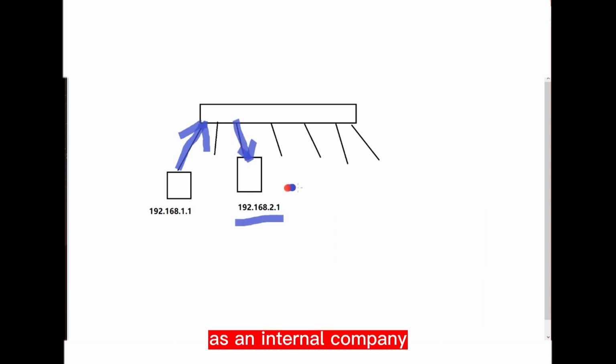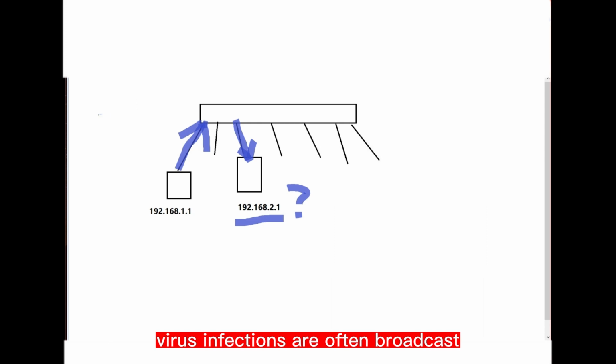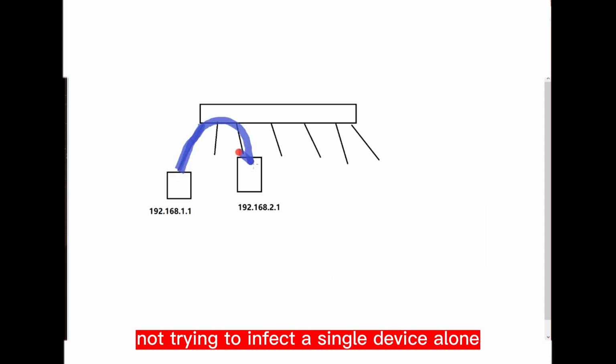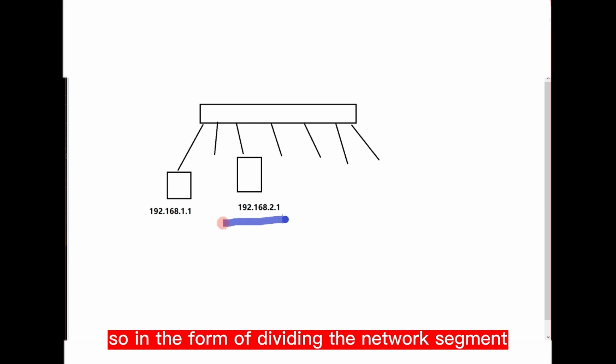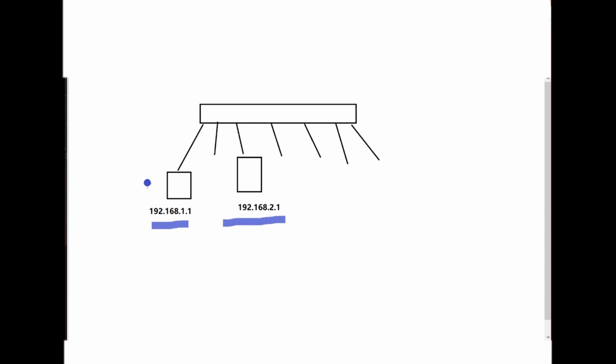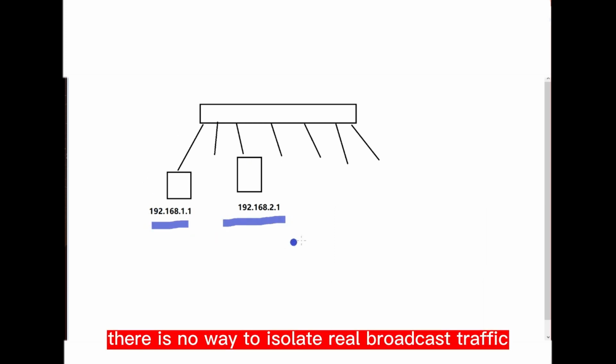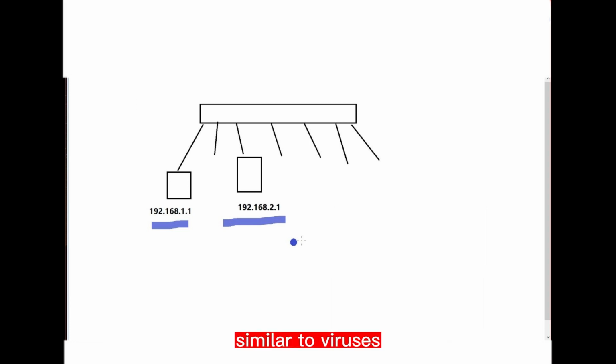As an internal company, virus infections are often broadcast, rather than targeted strikes. Not trying to infect a single device alone. Usually broadcast. So dividing network segments is no way to isolate real broadcast traffic, similar to viruses.